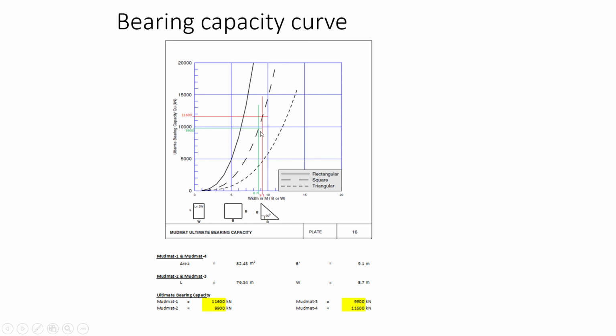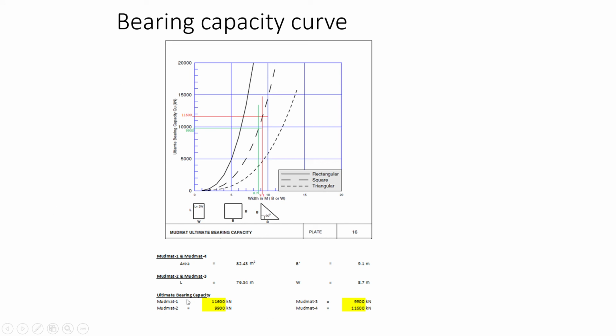Select which curve you want, take the B, and go horizontally to get the ultimate bearing capacity. This is the same as SBC, and this SBC should be greater than the stress you are getting from the analysis.